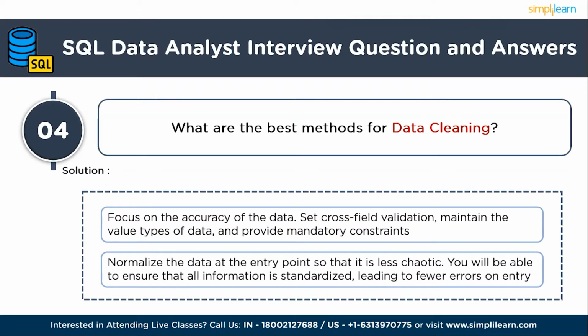The next is to focus on the accuracy of the data. Set cross-field validation, maintain the value types of data and provide mandatory constraints. Number 4, normalize the data at the entry point so that it is less chaotic. You will be able to ensure that all information is standardized, leading to fewer errors on entry. So these are the best methods for data cleaning, and you should follow these steps.